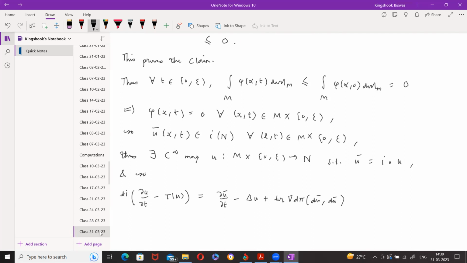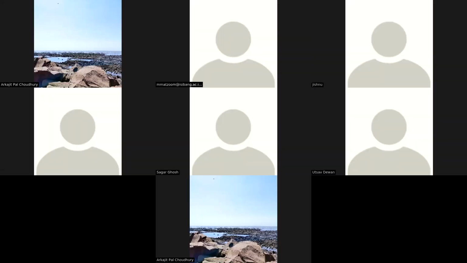And this is equal to 0, right? Because by hypothesis on u bar, this right hand side is 0. Yes, that's what we're assuming for u bar. Okay.